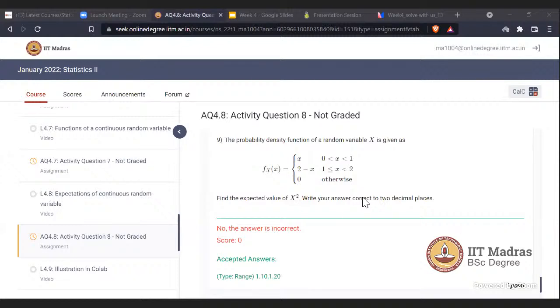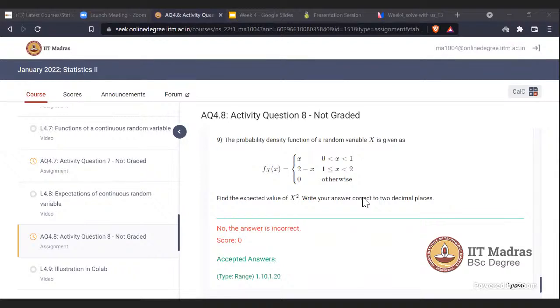X into probability of x, correct? Here x is a continuous random variable, so in place of doing the summation, you will do the integration: integration of x into fx.